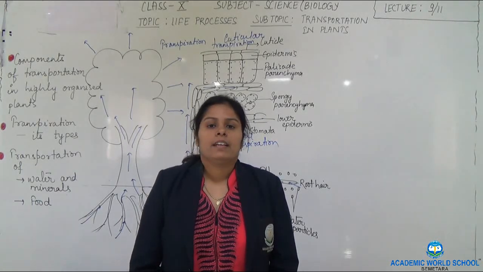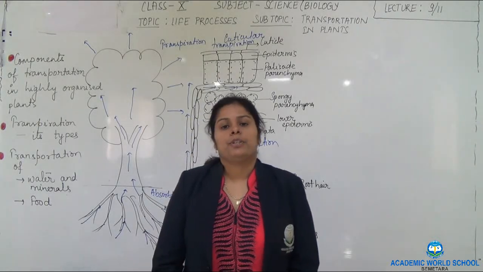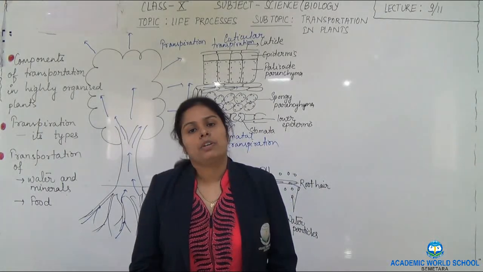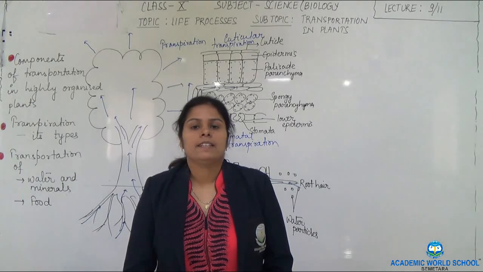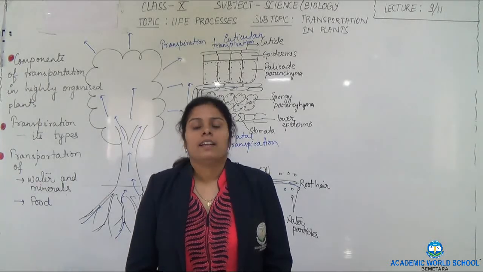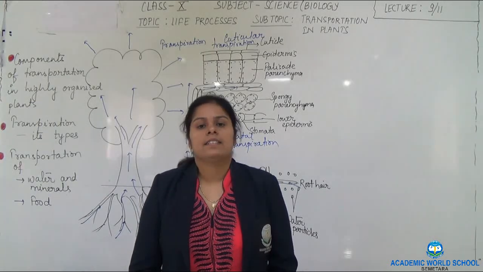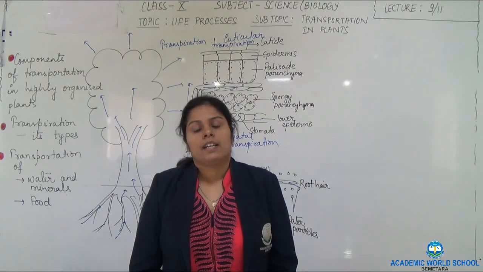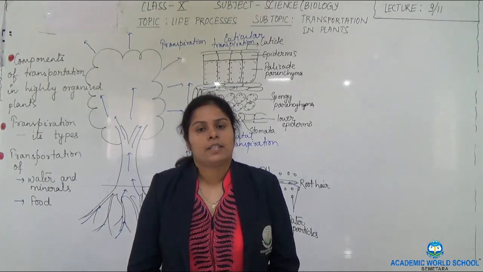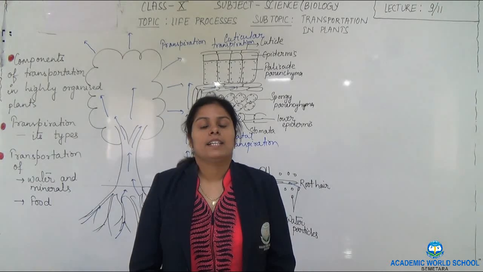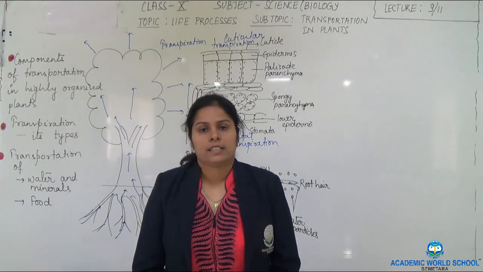To begin with, we'll understand that transportation is of two types. One is short distance transportation, like carbon dioxide and oxygen gases simply diffuse in and out. So it's a short distance transportation. Whereas the second one is the long distance transportation.